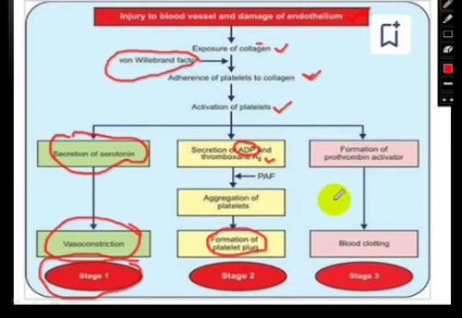So more platelets begin to move to the injured site, and that is simply known as platelet aggregation. They gather themselves at the injured site. The attraction of more platelets to this injured site is caused by ADP and thromboxane A2.